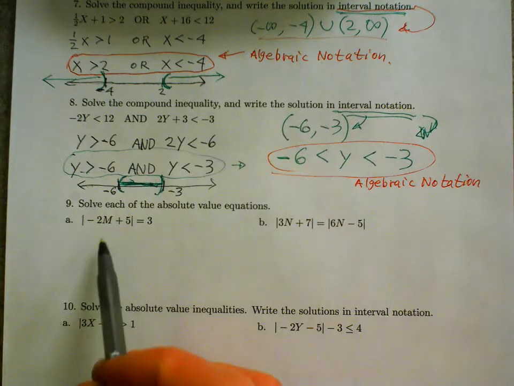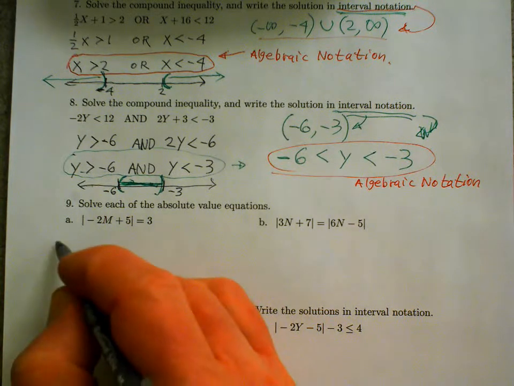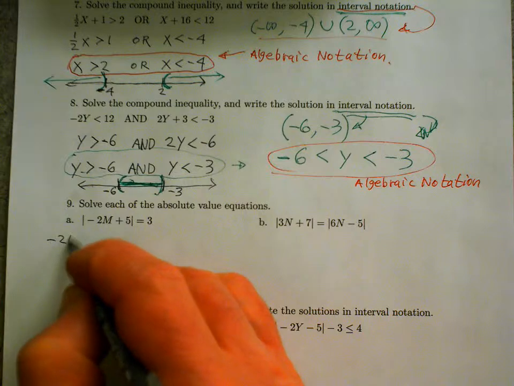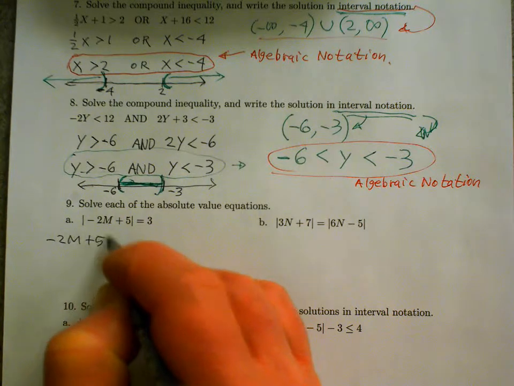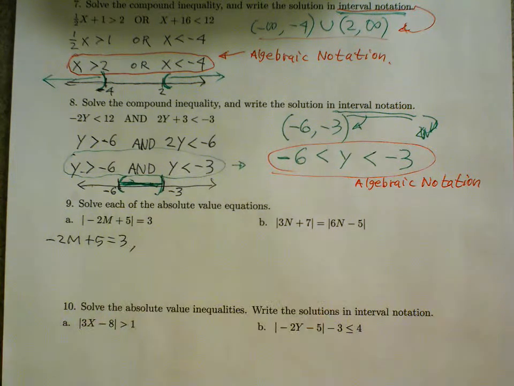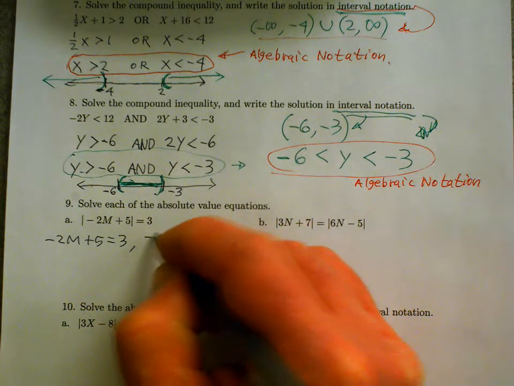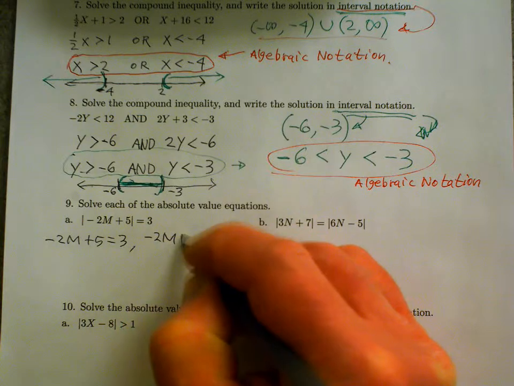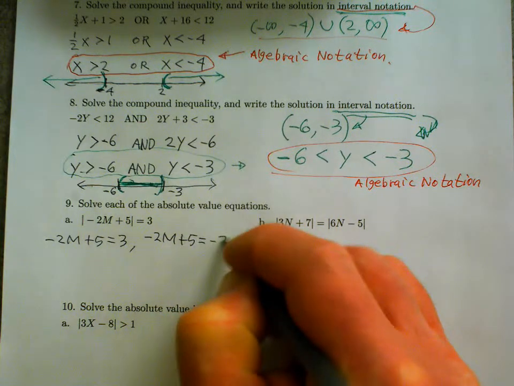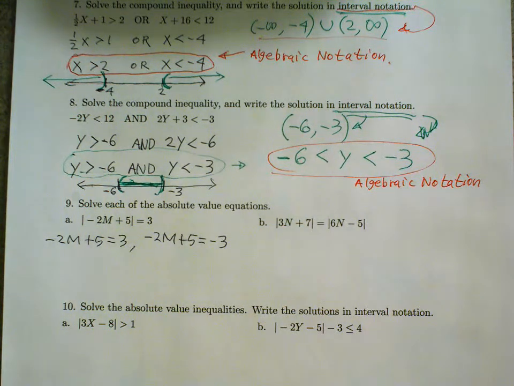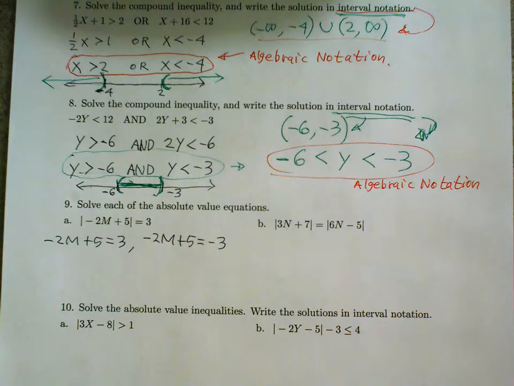So one equation without absolute values is just negative 2m plus 5 equals 3. The other equation without absolute values is negative 2m plus 5 equals negative 3. That is just an application of the definition of the absolute value.